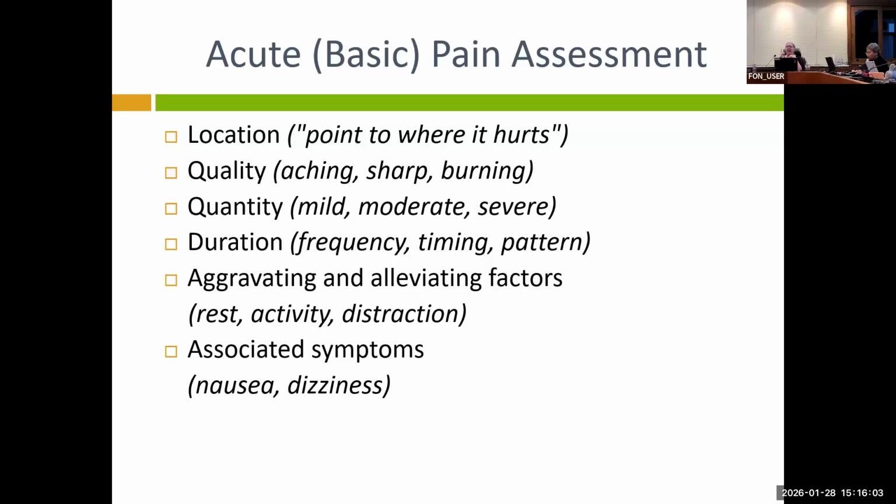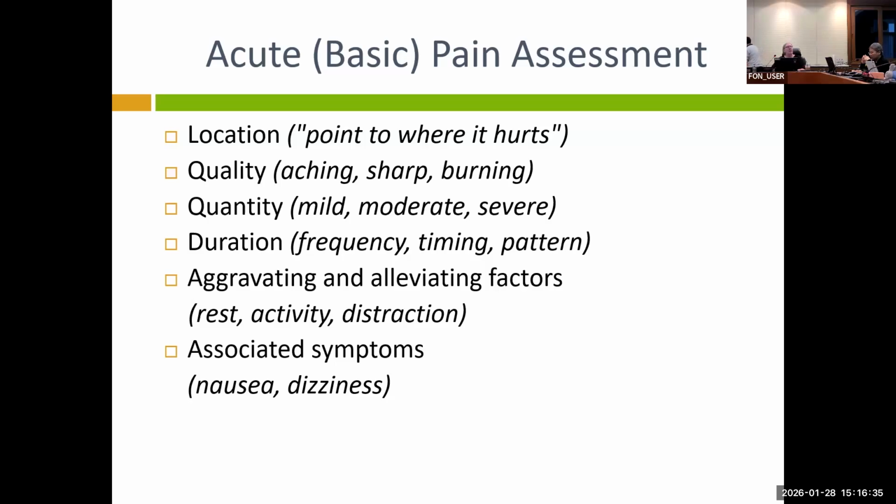You ask about location. Point to where it hurts. That's number one. Number two, quality. Okay. Is it aching, sharp, that sharp stabbing pain, or is it burning? Then you ask, okay, is it mild? Is it moderate? Or is it really severe? So you take a look at that.